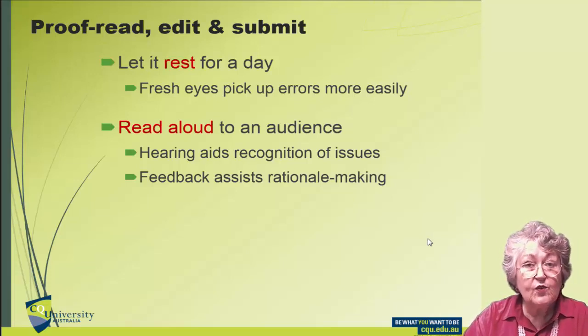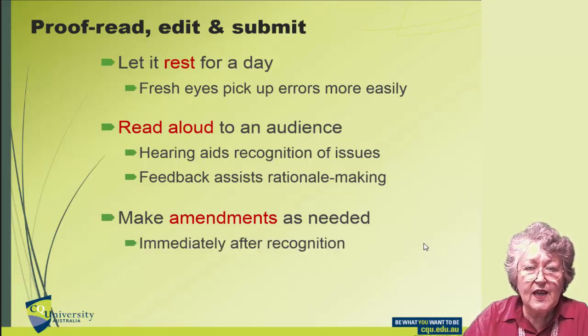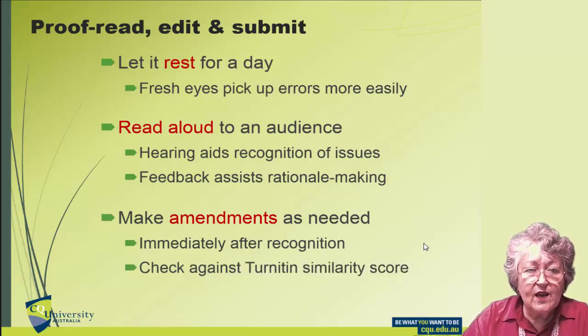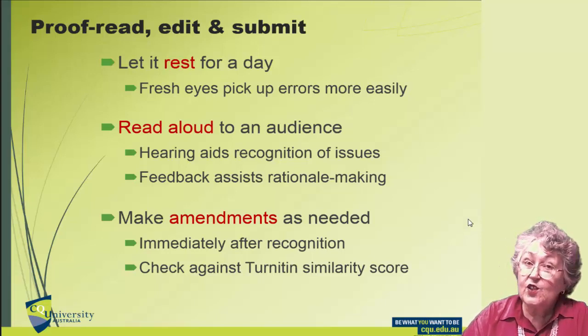An audience will give you that feedback and allow you to make those corrections. So you make the amendments as needed, and you should make them as soon as possible after they have been recognised. And you can also check your work against Turnitin for a similarity score, just to ensure that what you have written is in fact your work and not too close to the work of any other author.